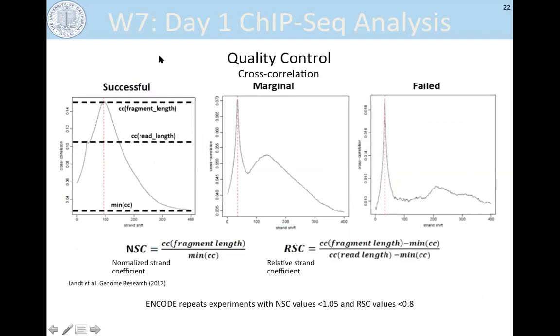So using these cross-correlation values, you can also assess the quality of your ChIP enrichment. For example, ENCODE will calculate the normalized strand coefficient.